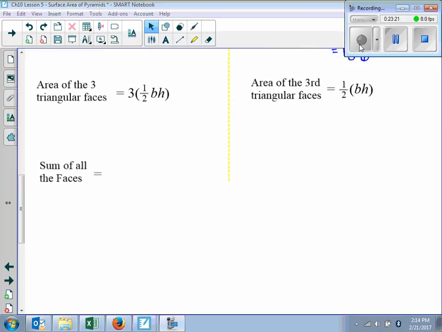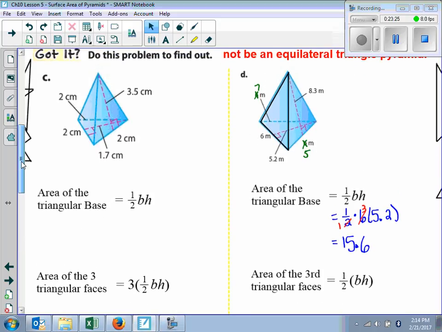So now we want to find the area of the third face, right? So let me move this out of the way, and the only one we have left is that one back there, right? It's that one. So what is the base here? 7. And what is the slant height going to be? Same as this one, right? So that's going to be 8.3. Okay?